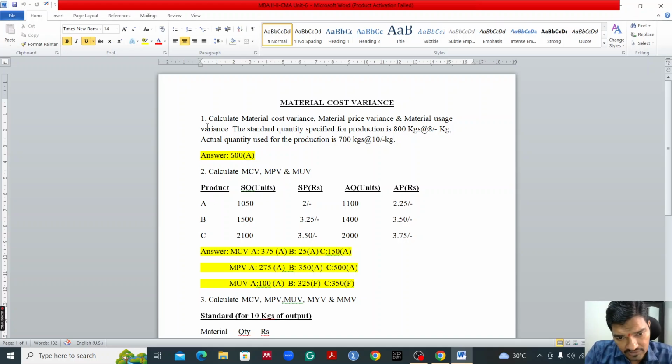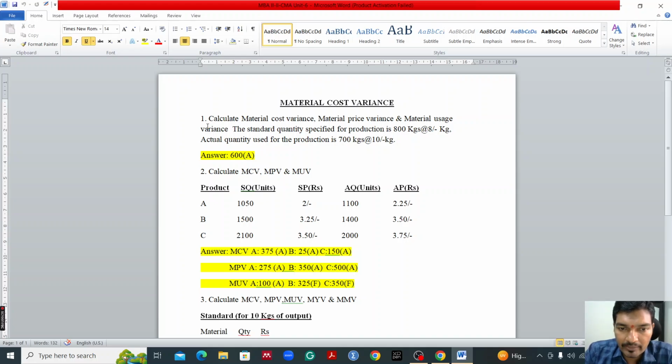When multiple types of products are given, how to calculate MCV, MPV and even MUV? The basic concept is, when product wise information is given in the sum, we should calculate the MCV, MPV, MUV, and other components also separately.